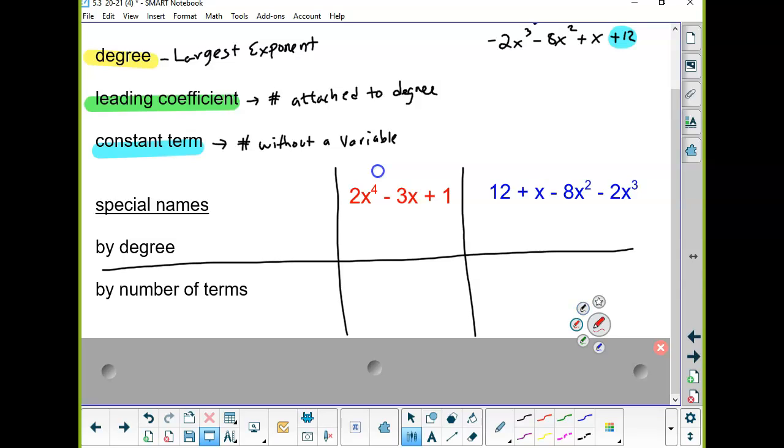Think of this as like a chart. So if I name this by the degree, this would be considered a fourth degree polynomial. Now, it can also be called, because it's the fourth degree, a quartic function.